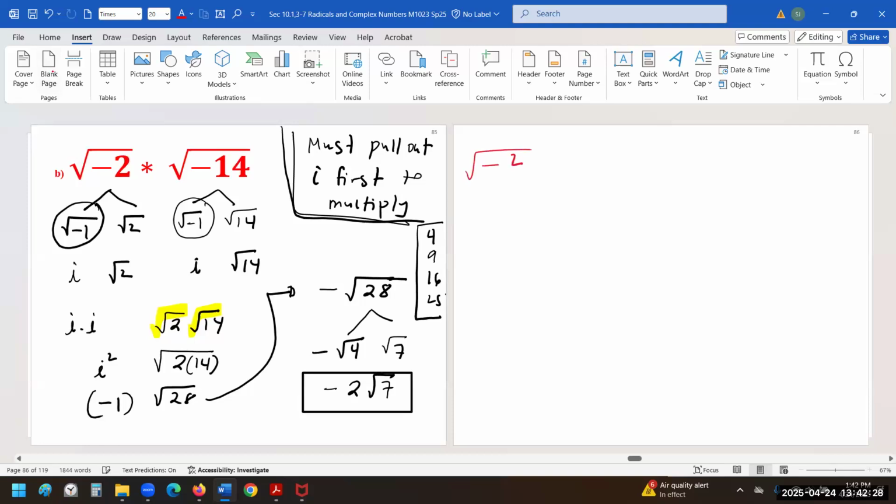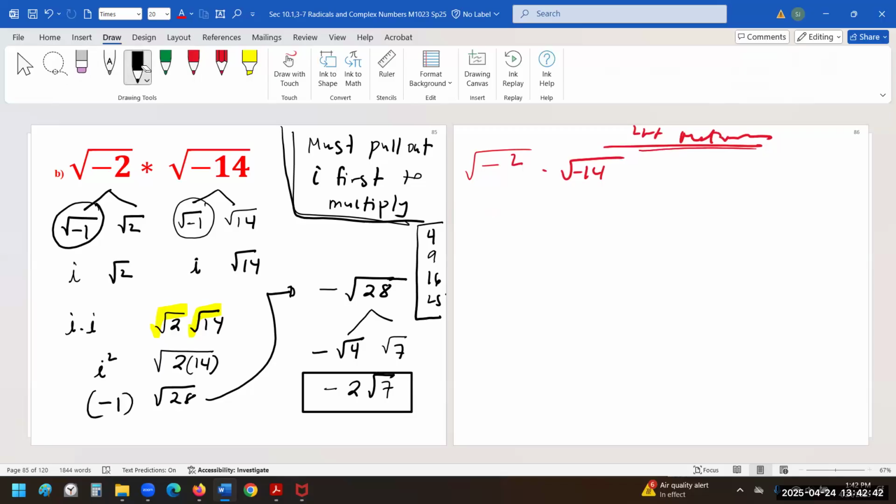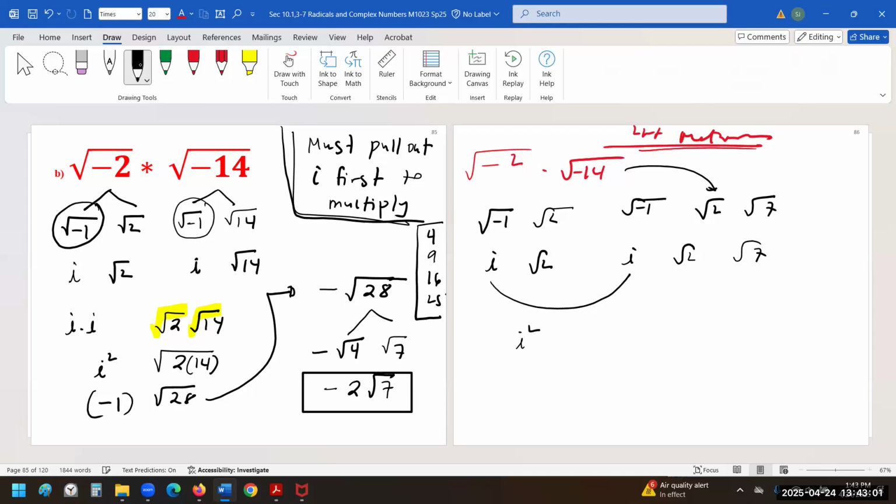So -2, second method, okay? Times -14. So negative inside the radical, we have -1, 2, -1, and 14 is 2 times 7. So we can do 2 and 7. We get i square root of 2, i square root of 2, 7. We can combine these two, we get i squared.